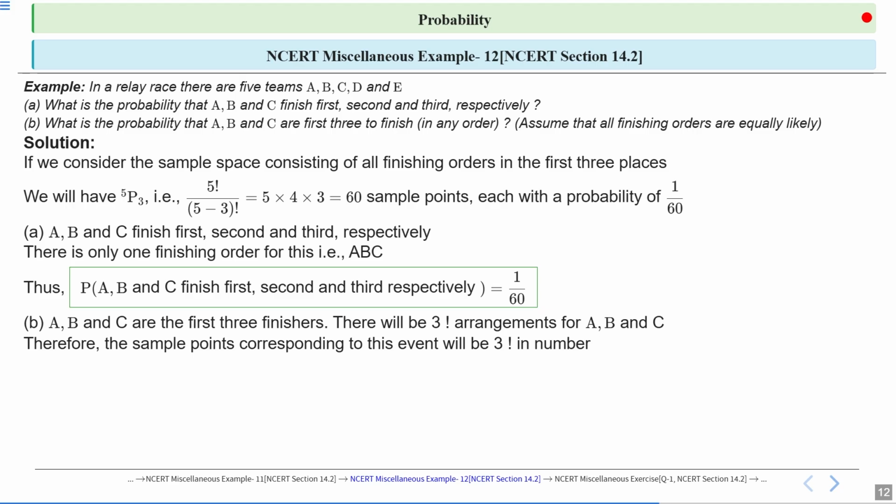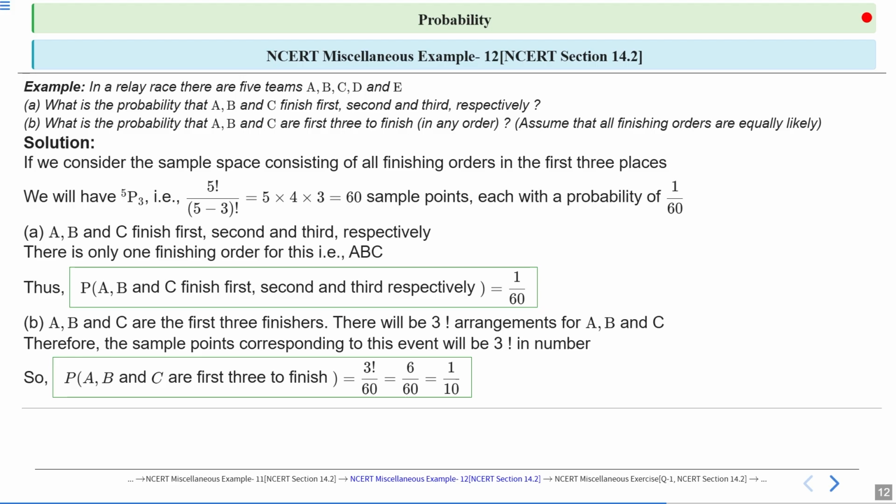Therefore, the sample points corresponding to this event will be 3 factorial in number. So what will be the probability that A, B, and C are the first 3 to finish? Here you can see in this event we have 3 factorial sample points out of a total of 60 sample points.